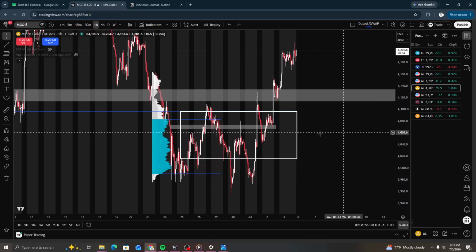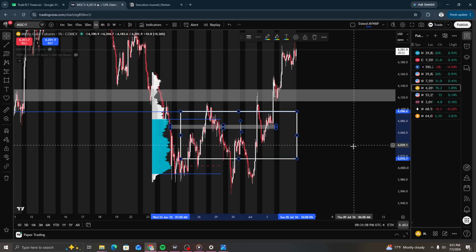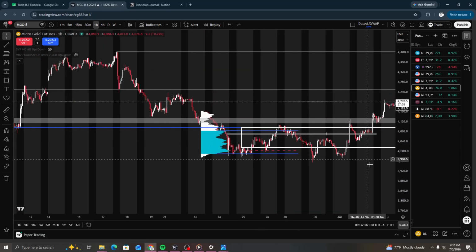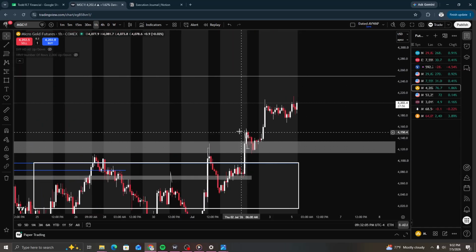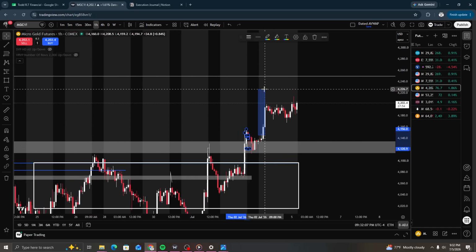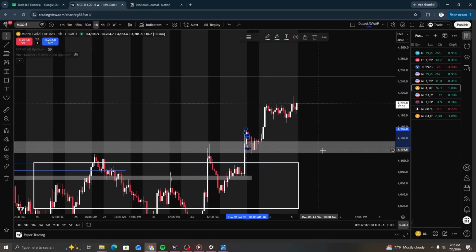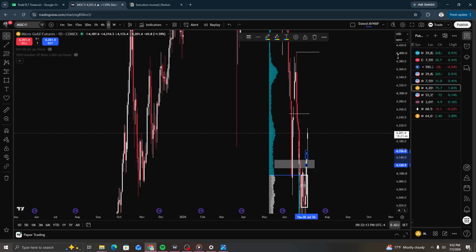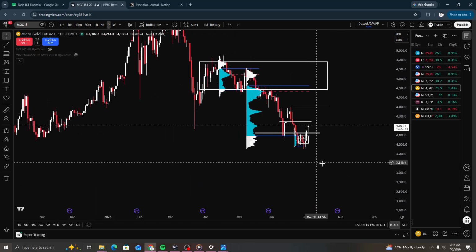But when we left this range here, we were looking for higher prices, which means we're looking for consolidation into a push higher, which we got overnight, of course. Yep, gapping up.